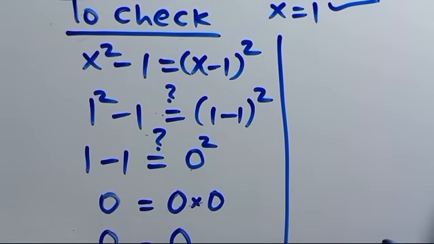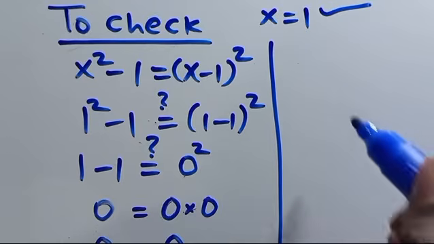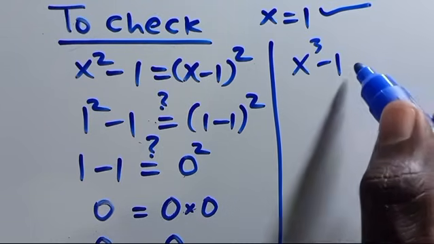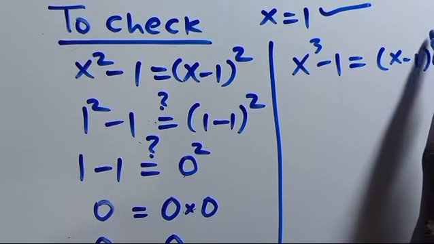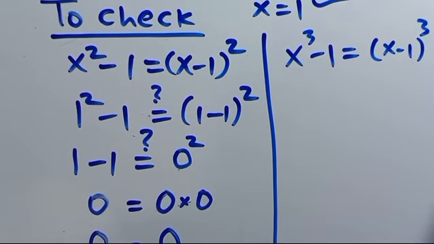Then let us see how to solve another similar problem. Assuming you have x to the power of 3 minus 1 equals (x minus 1) to the power of 3. So from here you will use the same approach.